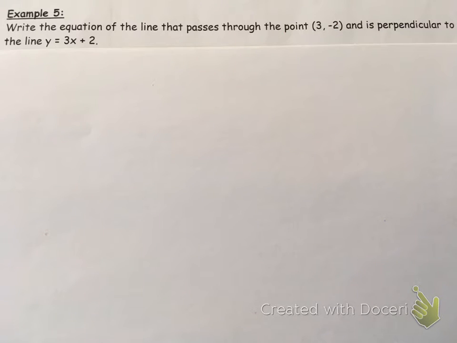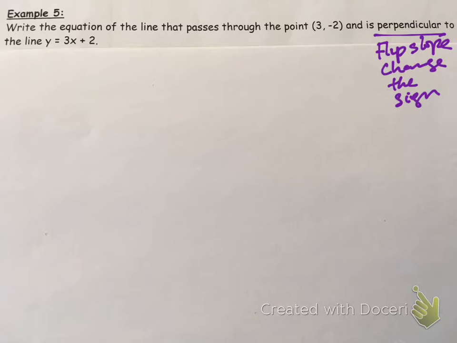Finally, we will write the equation of the line that passes through the point 3, negative 2 and is perpendicular to the line y equals 3x plus 2. Perpendicular means the slope is going to flip. So you're going to flip the slope and you're going to change the sign, which means if it's negative, it becomes positive.